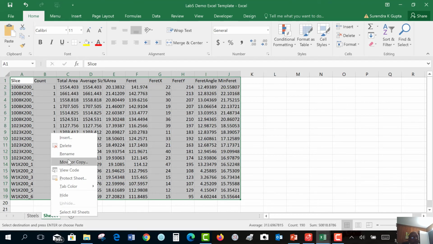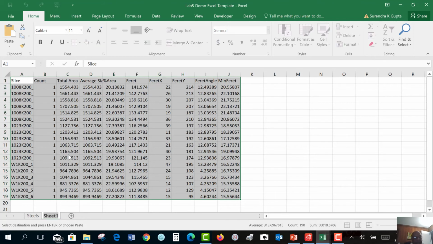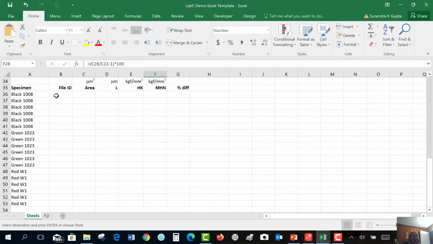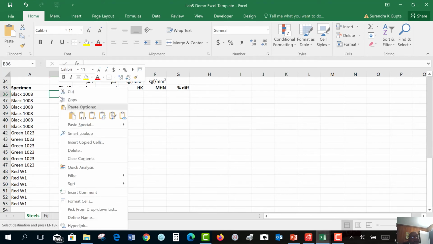Name it. So this is Fiji. And I'm interested in my file name. So I'm going to go ahead and copy, paste it.